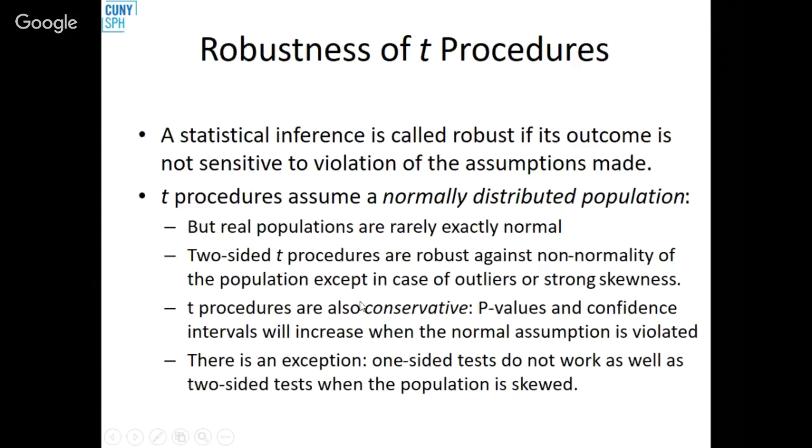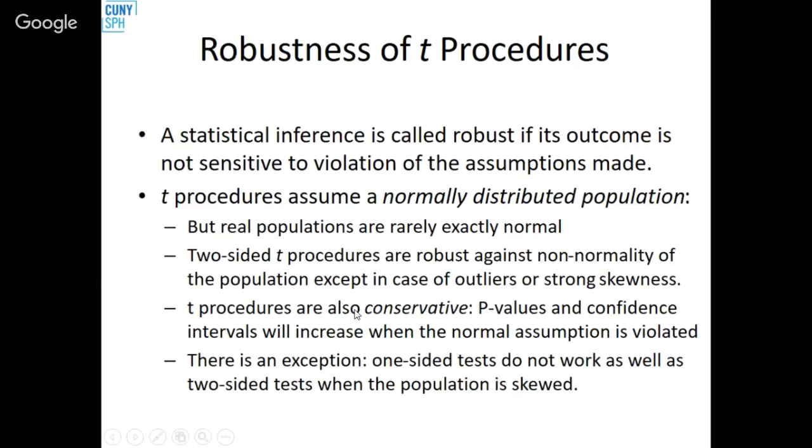But the two-sided T procedures in particular, meaning that you're using both tails of the T distribution for your calculation, are quite robust against departures from normality, except in the case of there being extreme outliers in the population or strong skewness, like a very long tail under one end.